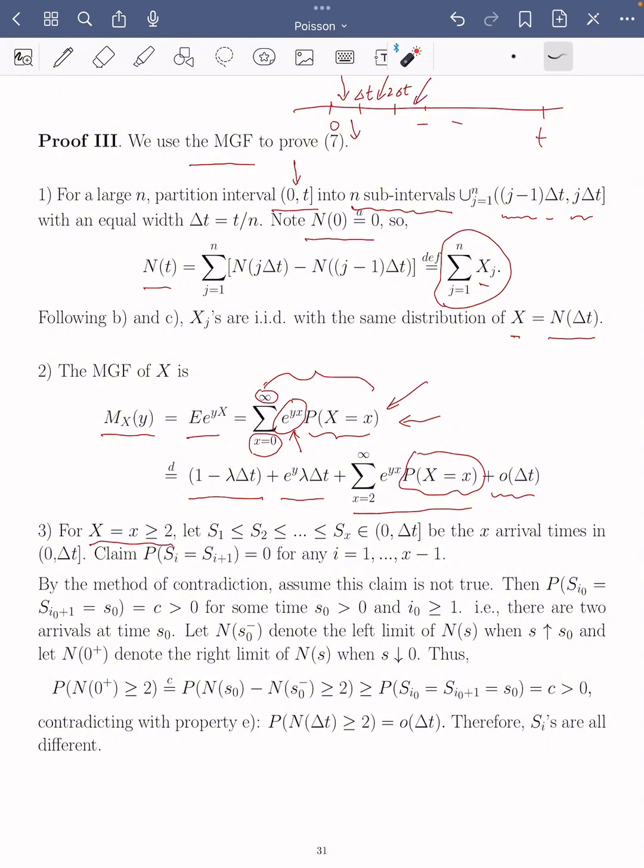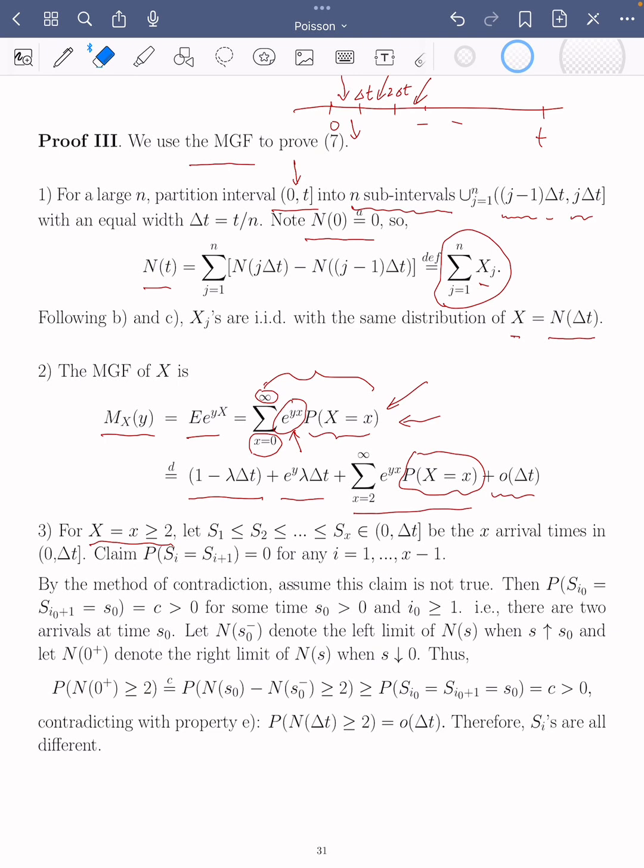And we claim that the chance that S sub i equals S sub i plus 1 is equal to 0 for any value of i equal to 1 up to x minus 1. In other words, all of S1 through S sub x are different values. This is the result we want to establish.